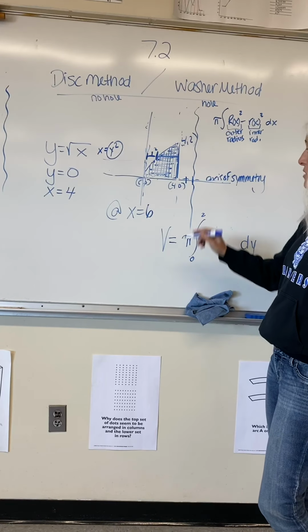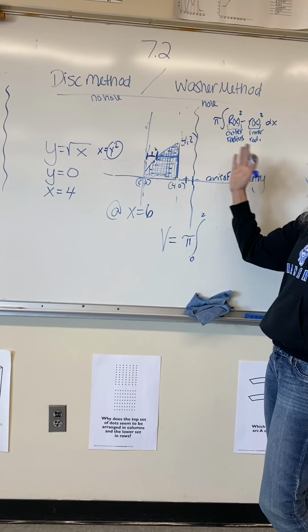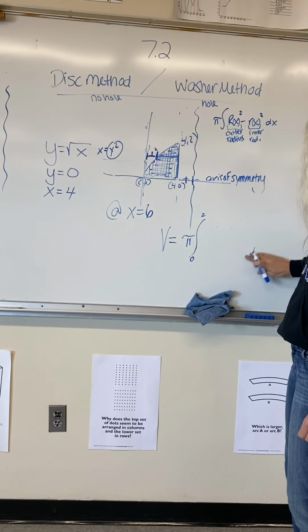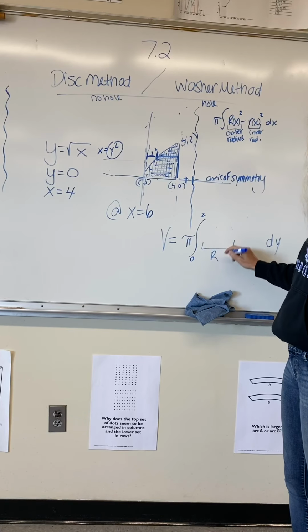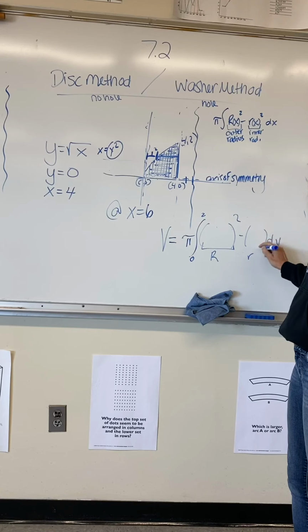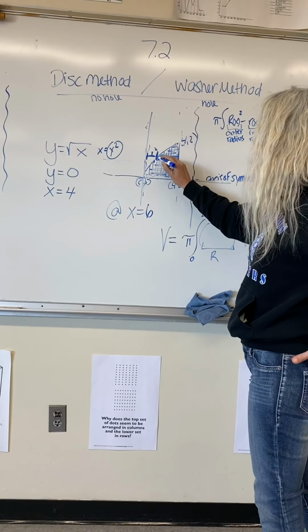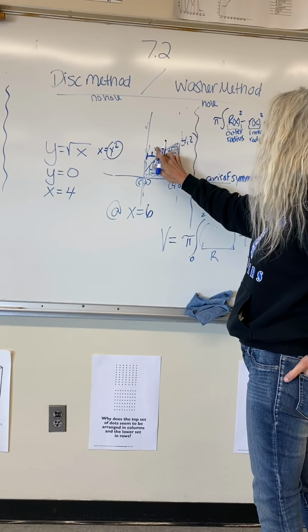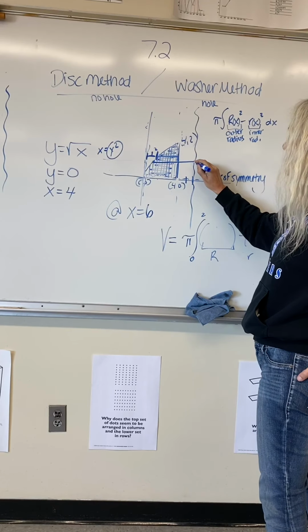Now, can you clearly see that when you revolve this around the squiggly line I drew at 6, that we're going to have a hole? So I probably should have even written this over here further. So we're going to have an outer radius that we need to square minus an inner radius that we need to square. My outer radius, because we're always going the distance from the outside of my shape to my axis of revolution.